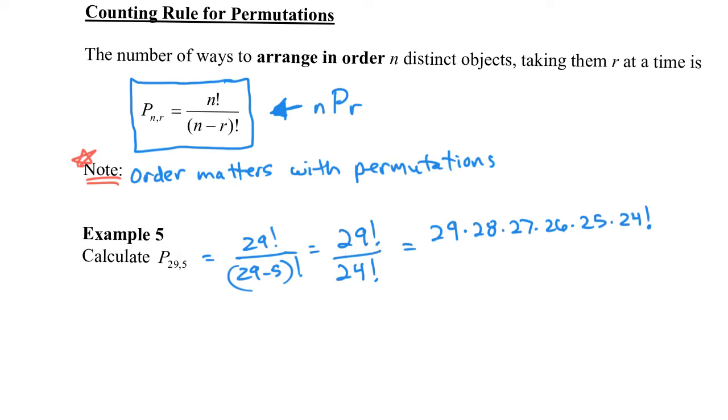Because 29 factorial would just keep on going, 24 times 23 times 22. I purposely stopped at 24 factorial because that's what's in the denominator. And we know this is just some number, and this is the same number, so I could just cancel these.